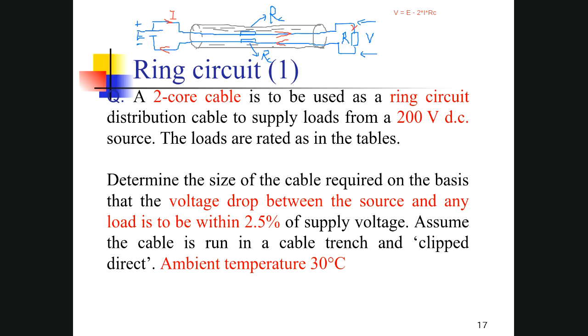If you use Kirchhoff's voltage law, this is a voltage up, this is a voltage drop, this is a voltage drop, and drop. So up, drop, drop, and drop. That's this equation, right?